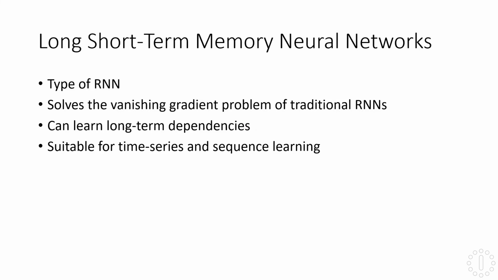LSTM neural networks can learn long-term dependencies, and they're suitable for training on time series and sequences. They have set some records for accuracy for some problems of this type.